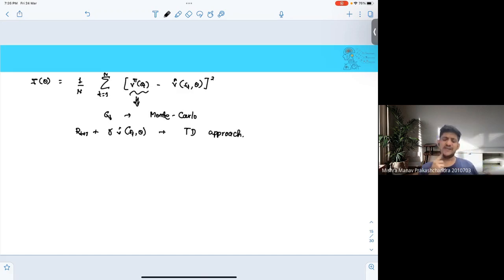So instead of v pi, we replace the actual value of v pi by an estimate, or should I say, a truncated representation. What's a good term? Estimate is not a good term. It is a sample value, you can say, a sample method. You can think of it as a sample for v pi that we have.